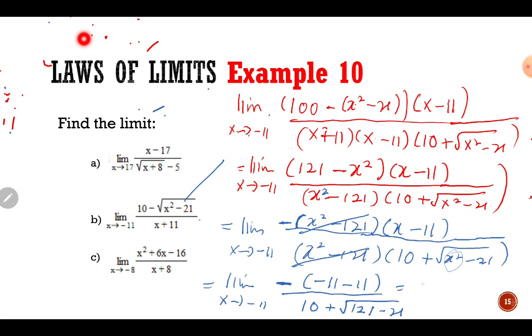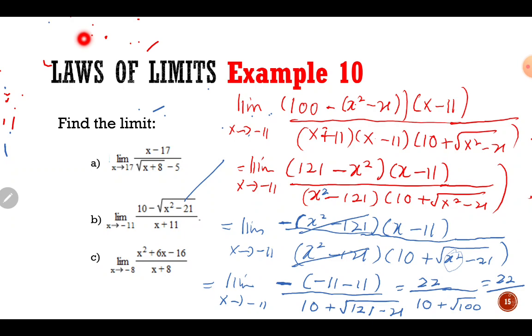So kita akan dapat atas 22 per 10. 121 tolak 21 is 100. Square root of 100. So kita akan dapat 22 per 10 tambah dengan square root of 100 kan, punca kuasa 100, tak sure, tekanlah kalkulator tu.